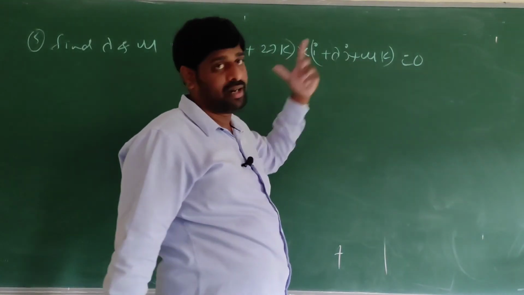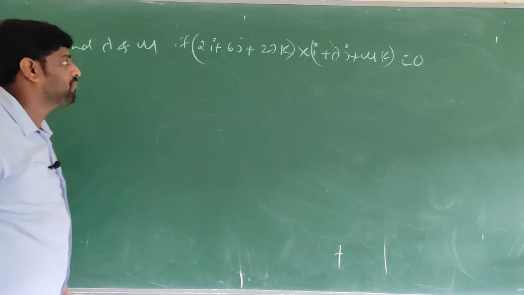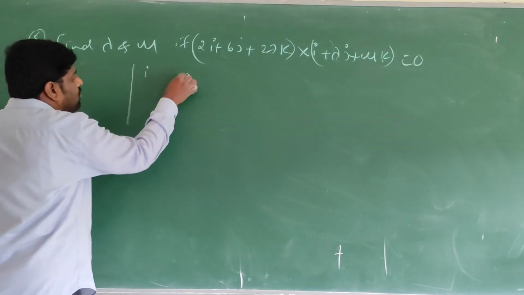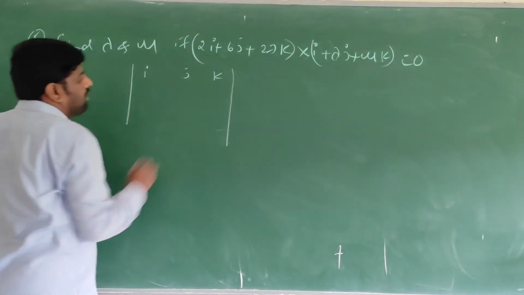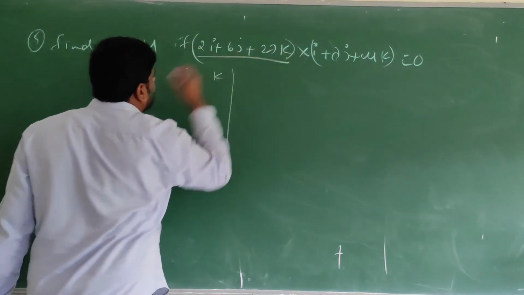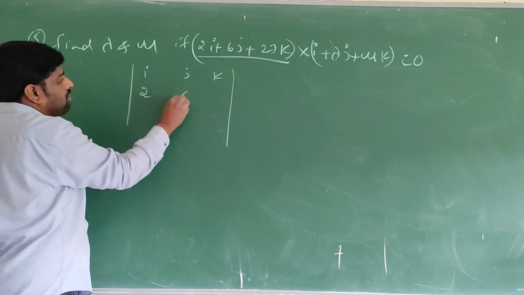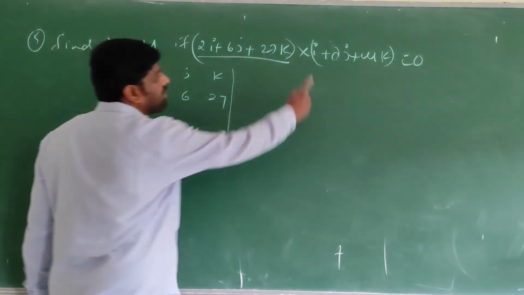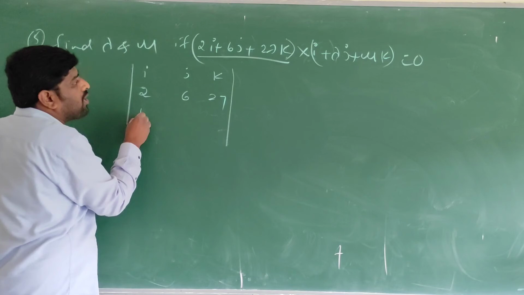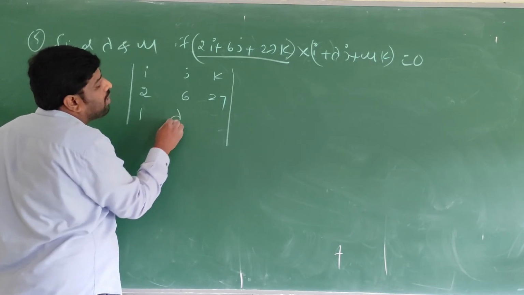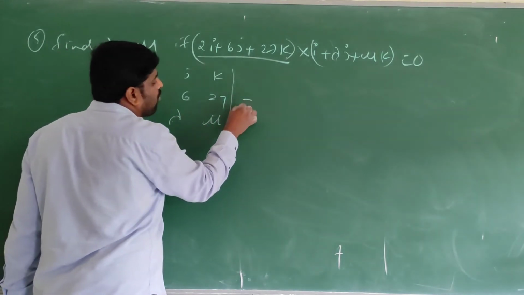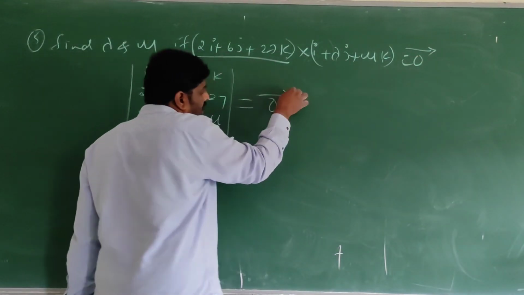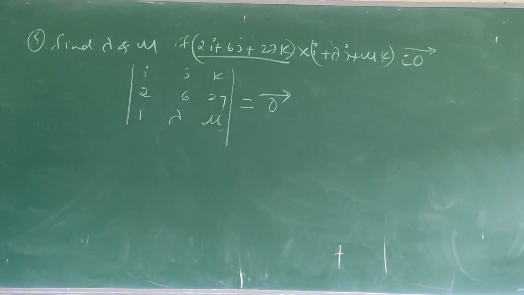A bar cross b bar is in the form of a determinant of i, j, k. The coefficients are 2, 6, minus 27, and 1, lambda, mu, equals the 0 vector.